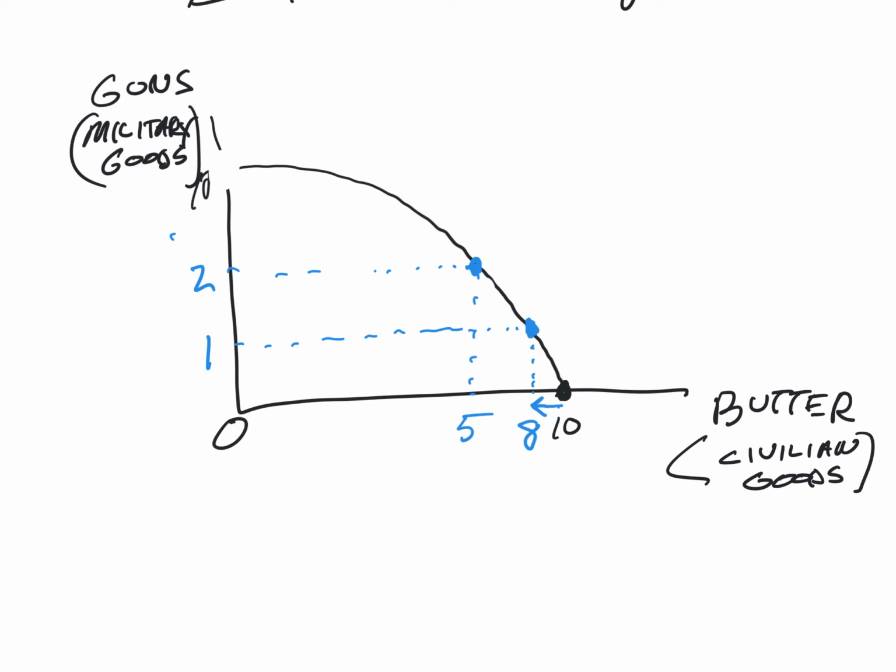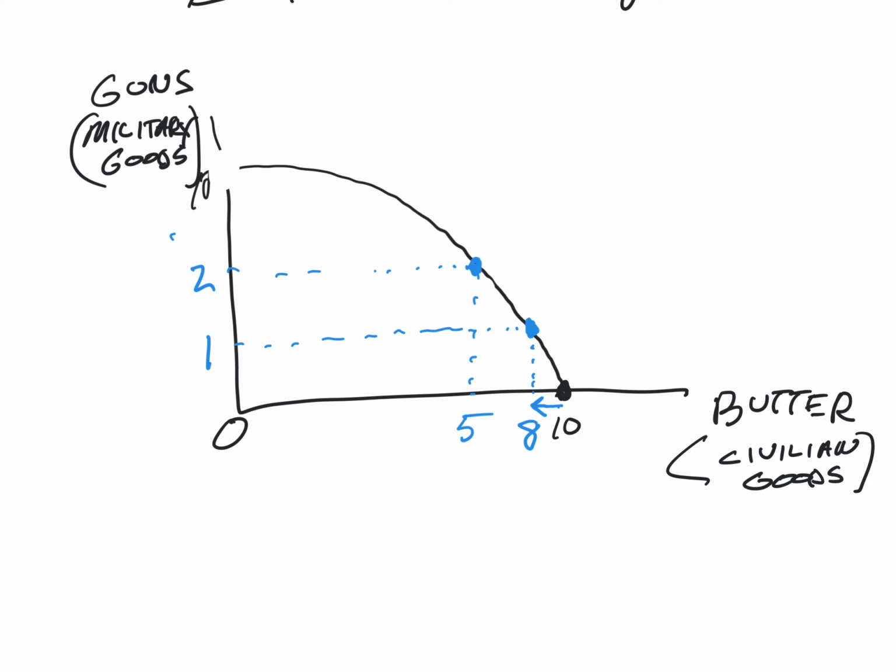And some of those resources are going to be a little bit better at butter production. So to squeeze out one more unit of guns, it's going to cost us a little more in the area of butter production. Okay, we'll talk more about that in another video, but that's why it's bowed out.